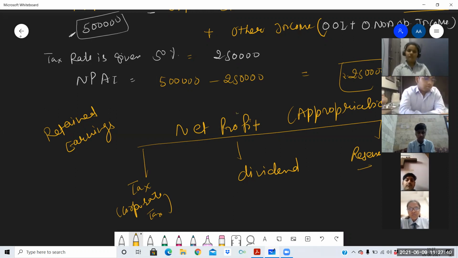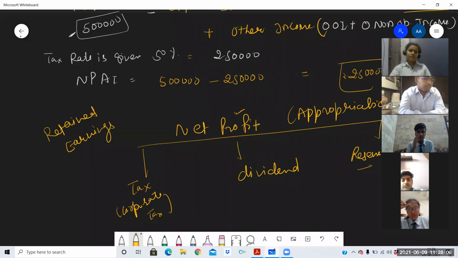So whatever the net profit the business is getting, that net profit is further appropriated. Appropriations means when there will be profit, only then these appropriations will be made. Like tax will be paid only when the profits will be there. If the firm has earned losses, then no taxes can be paid. Dividend, you all know that dividend is paid to the shareholder and only it is paid when profits are there.